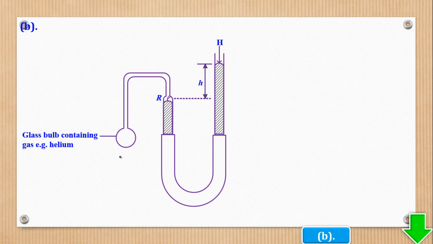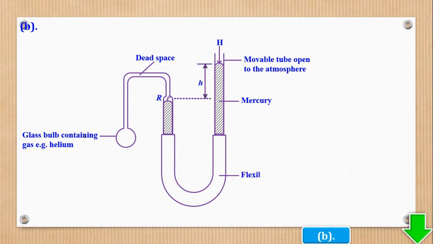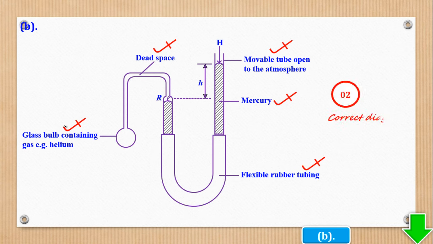So you can label it: glass bulb, dead space, movable tube, mercury, flexible rubber tubing. Any 4 labelings which are correct and the correct diagram, you get the 2 marks. Then the other 4 will be got from the body of the description.